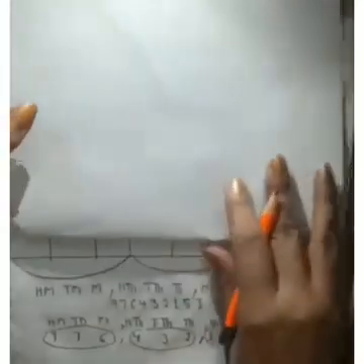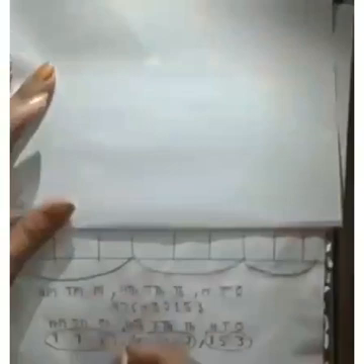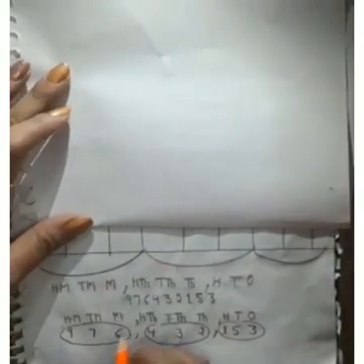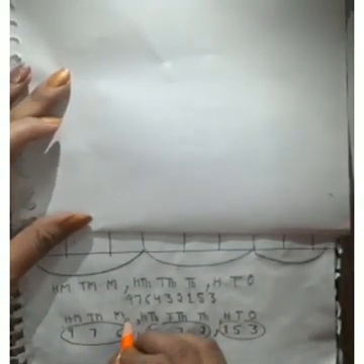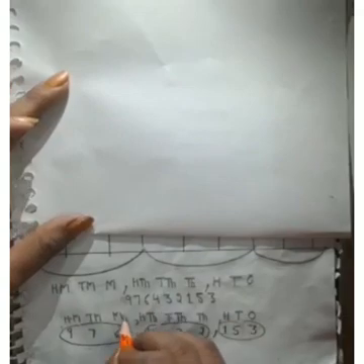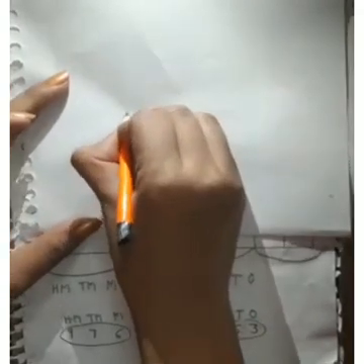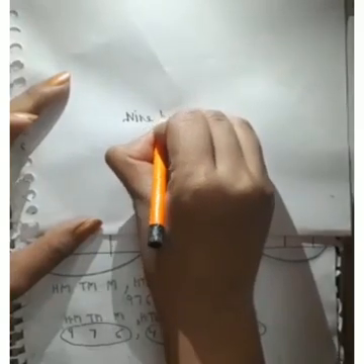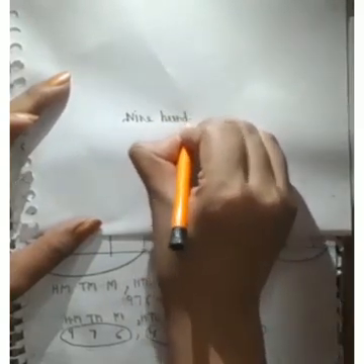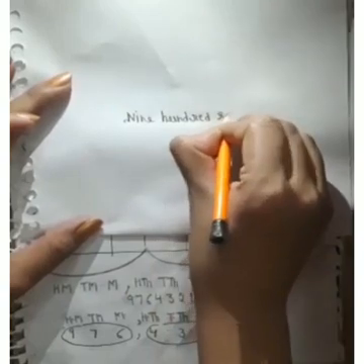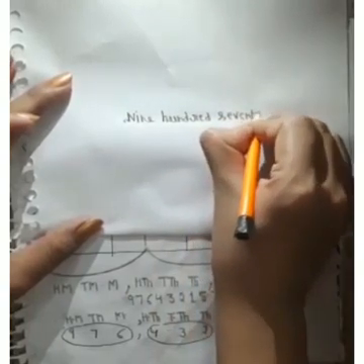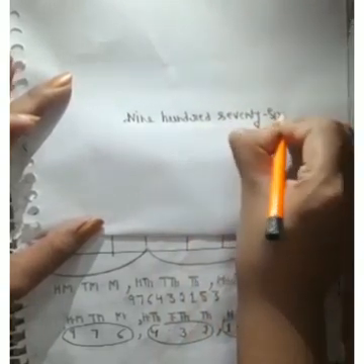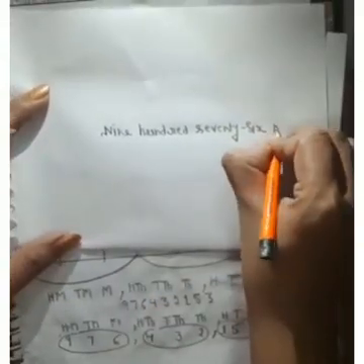Let's write 976, and the family is million, the period is million.